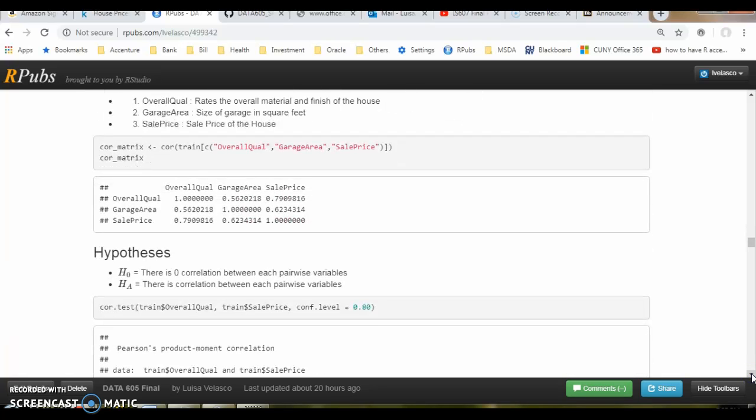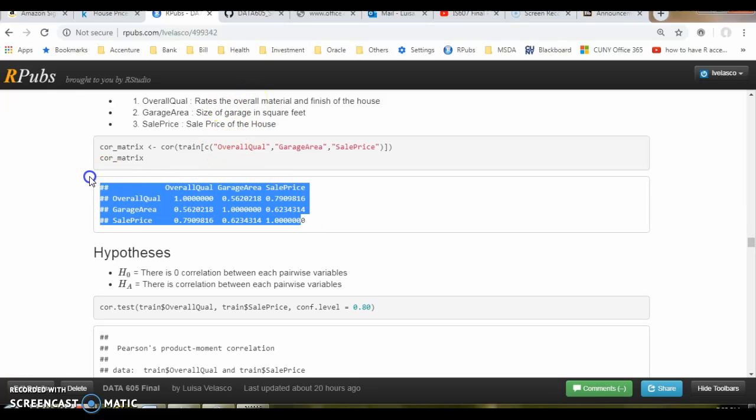Then we have the correlation matrix. I used the overall quality, which is the overall materials and finish of the house, the garage area, and the sale price, and created a correlation matrix.